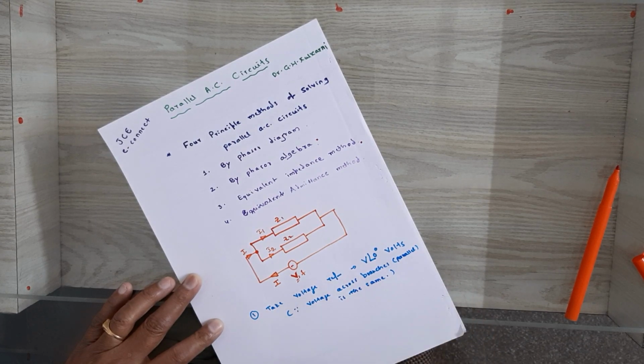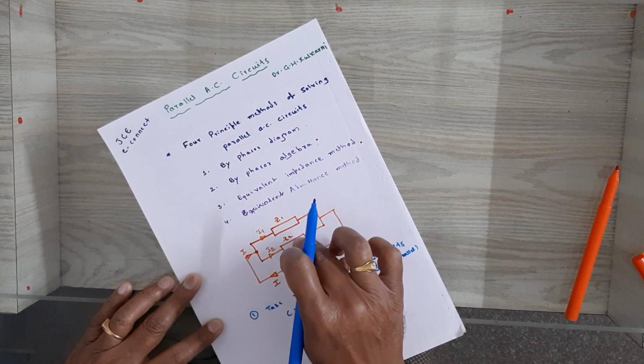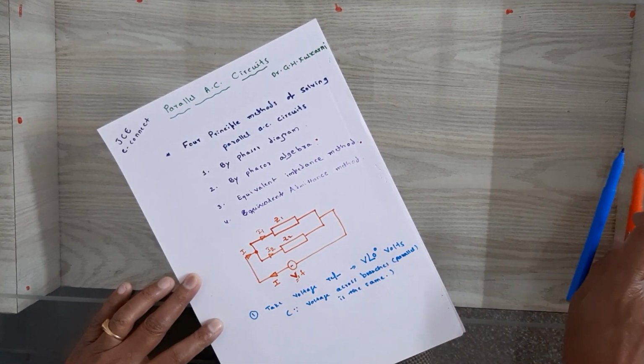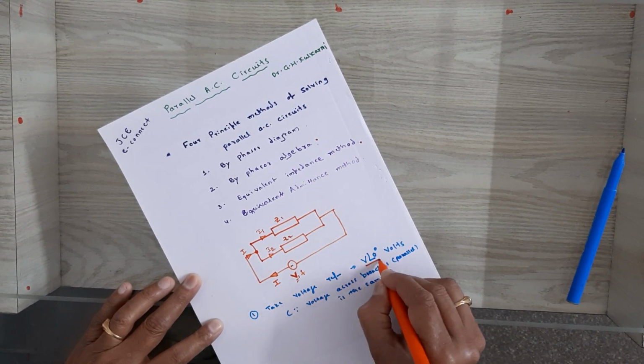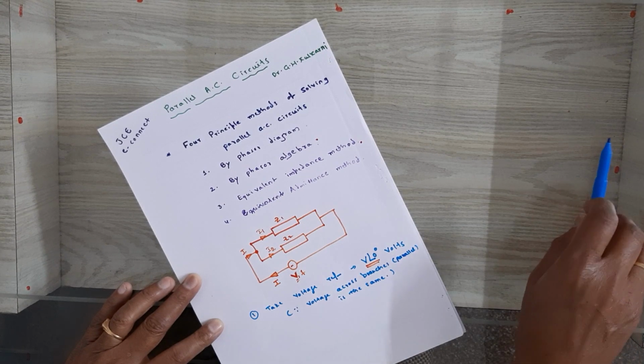What you have to do is, the voltage across Z1 and Z2 is the same, therefore V is taken as the reference. Then it is written as V at an angle of 0 degrees, that is in the polar form.